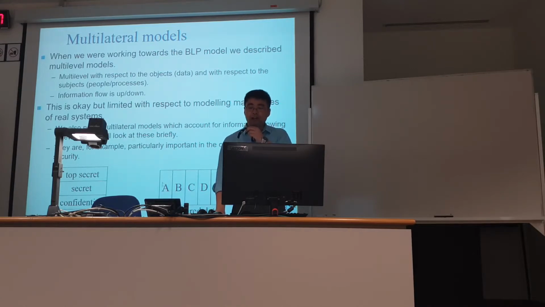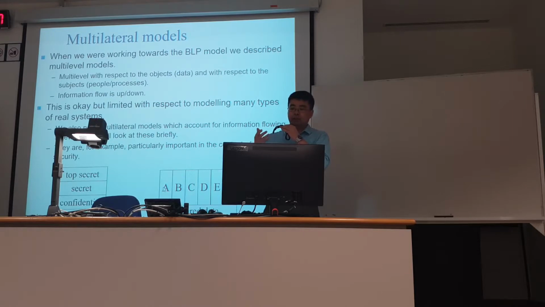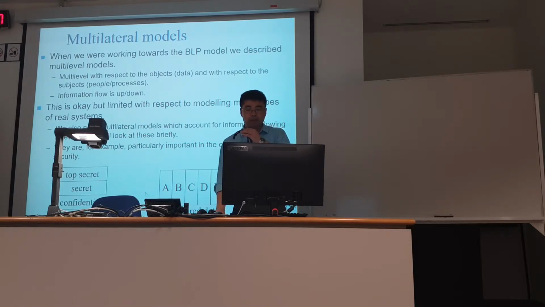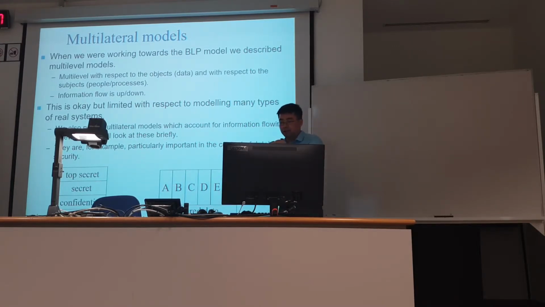And each department can have their own levels defined. For example, for Department A, I define the levels using top secret, secret, confidential, unclassified. For Department B, I can simply define only two levels, high and low. For Department C, I can define the levels in a different way, using 1, 2, 3, 4 to indicate the level.